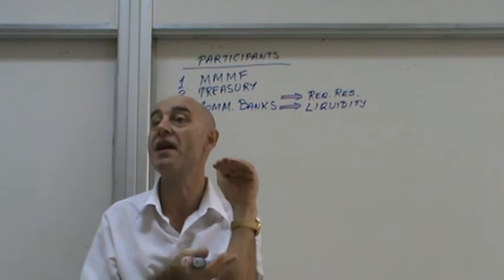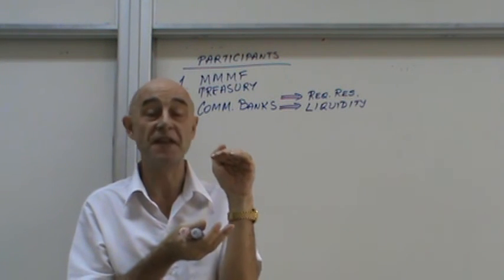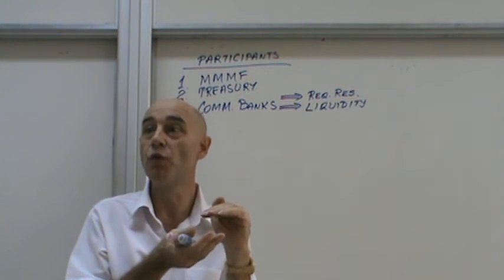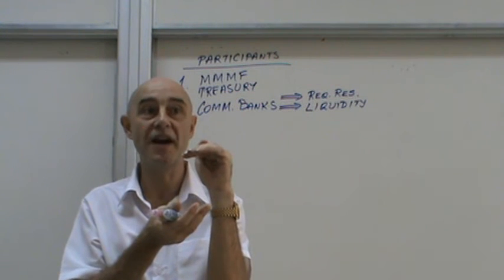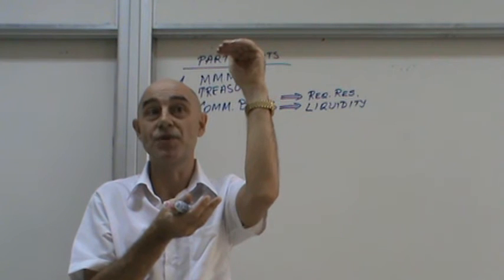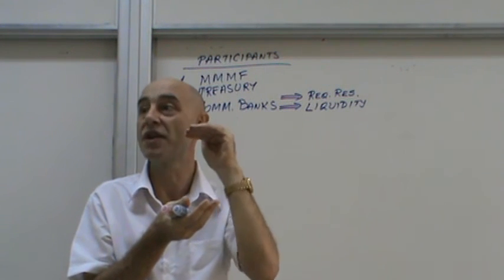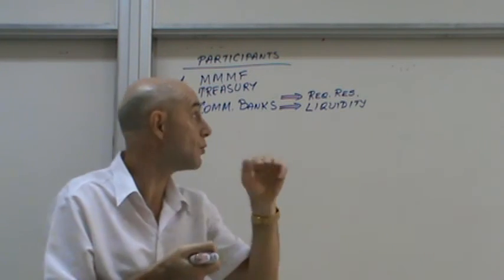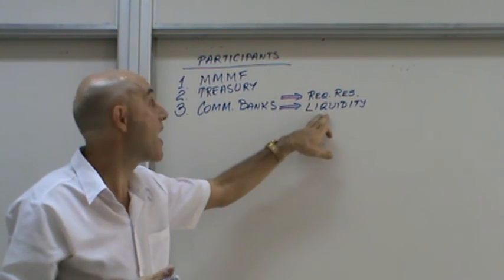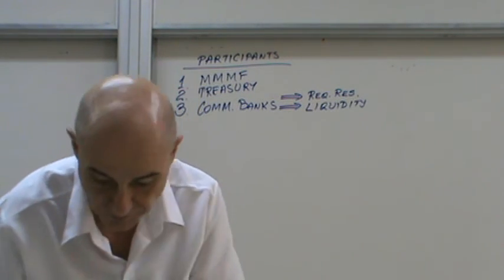The bank wants to have 5% liquidity. So if it has 2 or 3, it will want to raise liquidity up to 5%. Or if it's got 7 or 8% liquidity, it will want to lower it down to its target liquidity. So they'll use it to manage reserves and they'll use it to manage liquidity.